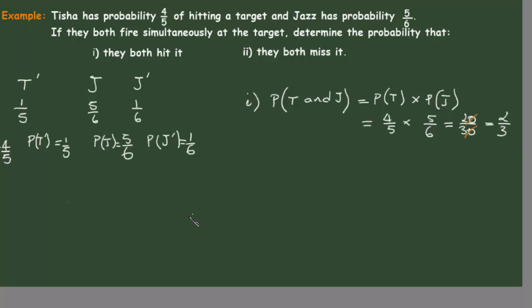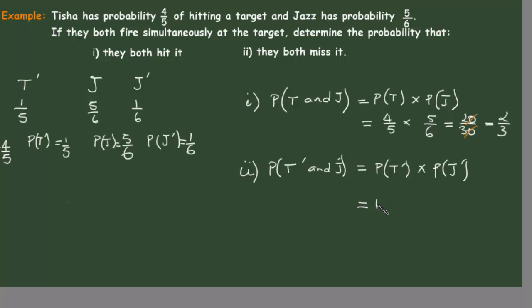Now the second probability is that they both missed the target. Of course, we're going to take the complementary events only, so this is the probability of Tisha missing and Jazz missing the target, which equals the probability of T prime times the probability of J prime.